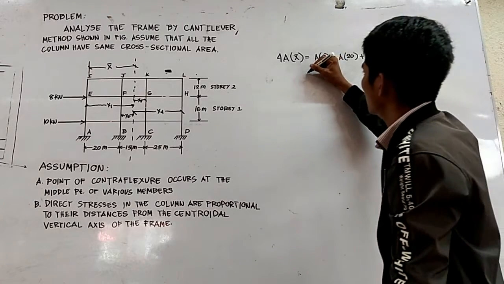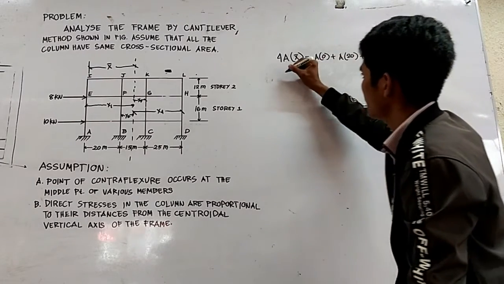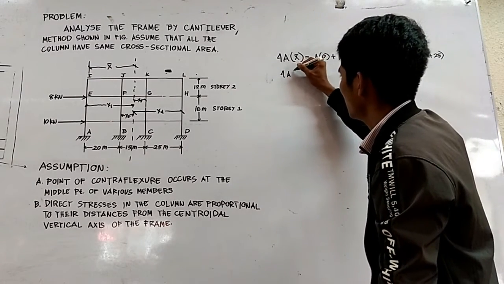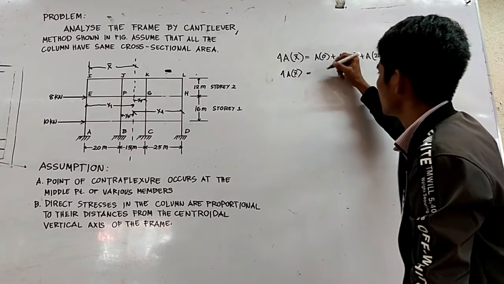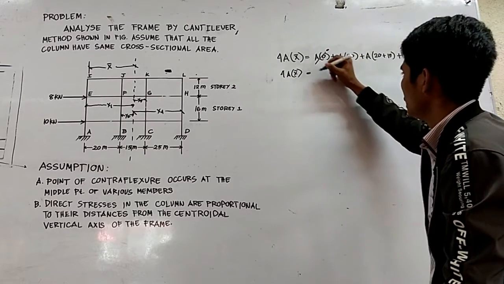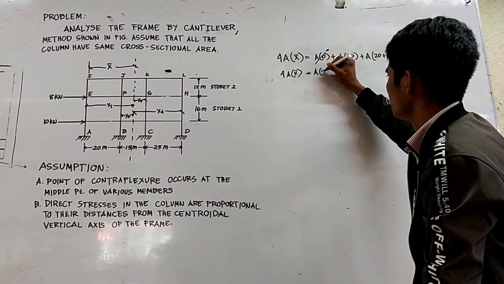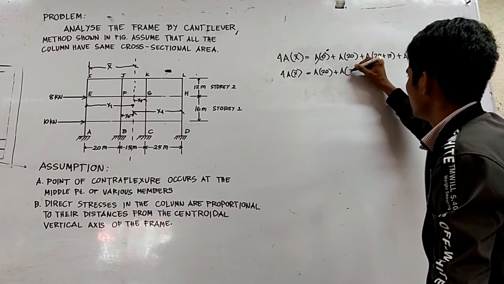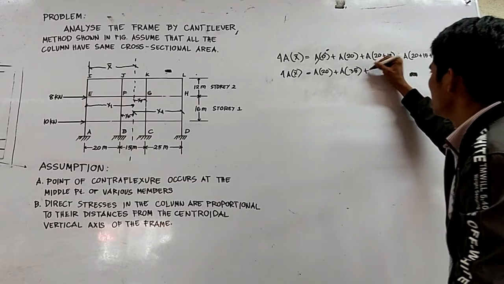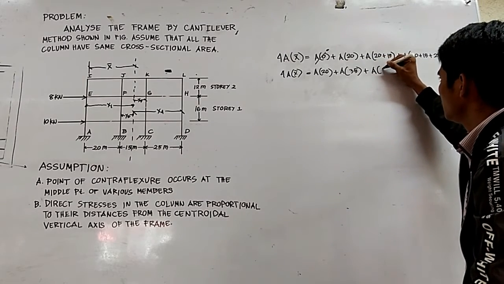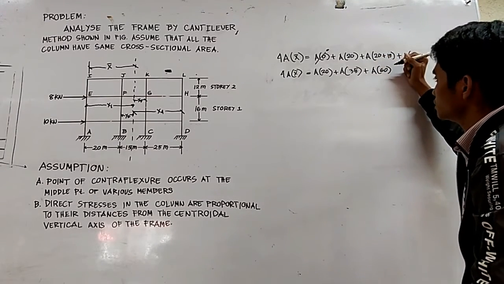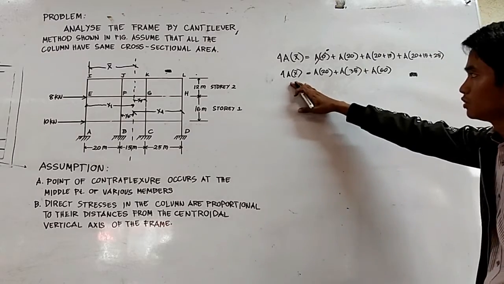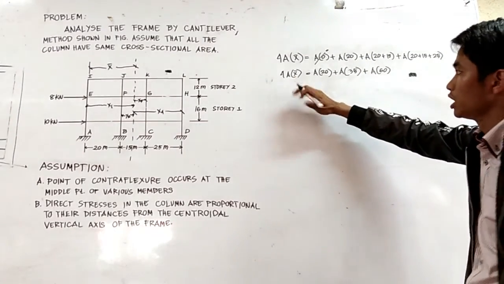We can simplify: 4A X bar equals 0, plus 20A, plus 35A, plus 60A. Now we can get the value of X bar.